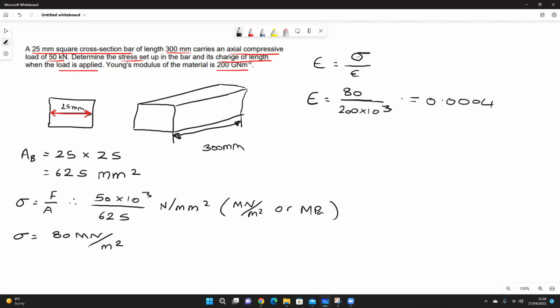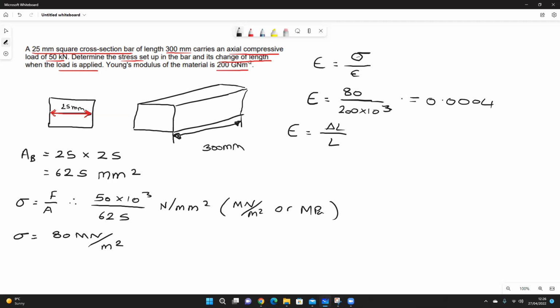Once you've got the value for the strain, we can then use this relationship. The strain equals the change in length over original length. We take a look at what parameters we have in order to rearrange. We're working out the change in length.